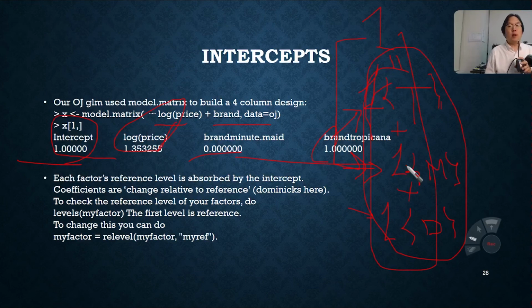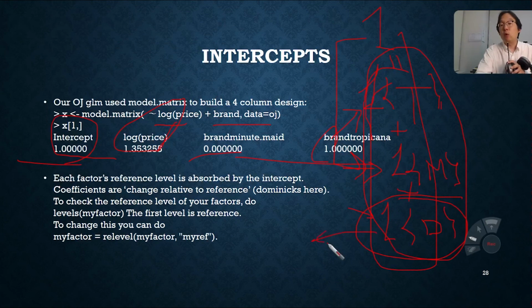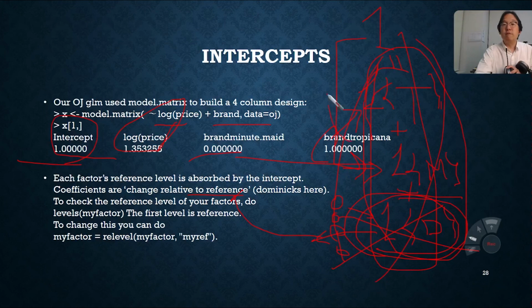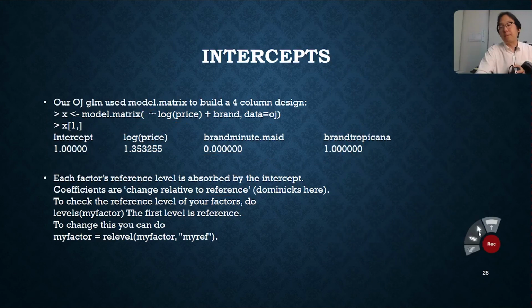So that's why we want to omit one of these categories. That will be something called the reference, or I usually call it the default. Here Dominick's is the default. So we just omit it, and then those observations will be 0, so that the linear combination of the 3 will not be 1. That's the concept I'm trying to say. To check the reference level, go ahead and do it. Okay, fine.